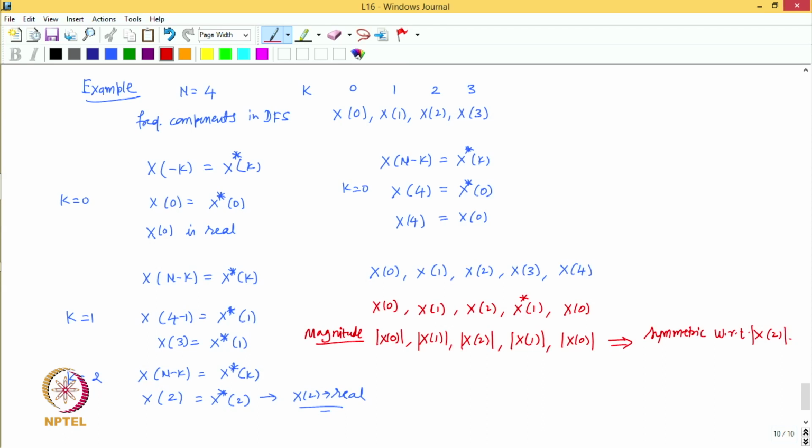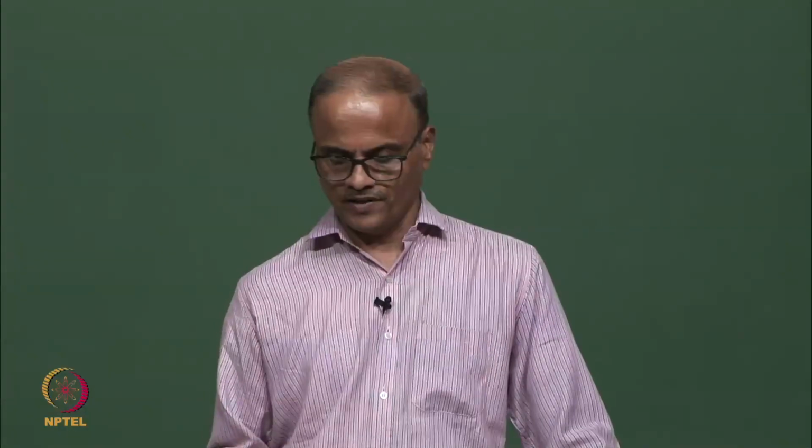So, that is the meaning of the statement we made previously, that the magnitude spectrum of DFS is symmetric. And if you look at the phase, you can see the phase is basically asymmetric. It is very clear from here that because x2 and x0 are real, while x1 and x3 are complex conjugates of each other, they have phases which differ by 180 degrees. So, it is asymmetric.